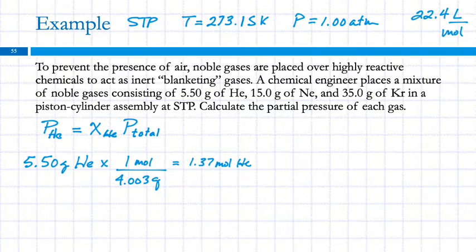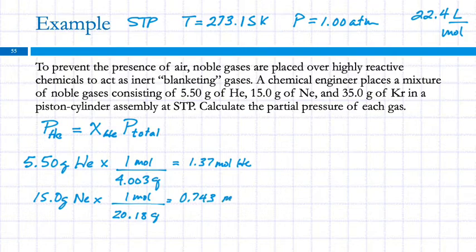And I can calculate the moles of neon. So 15 divided by 20.18, 0.743 moles of neon.